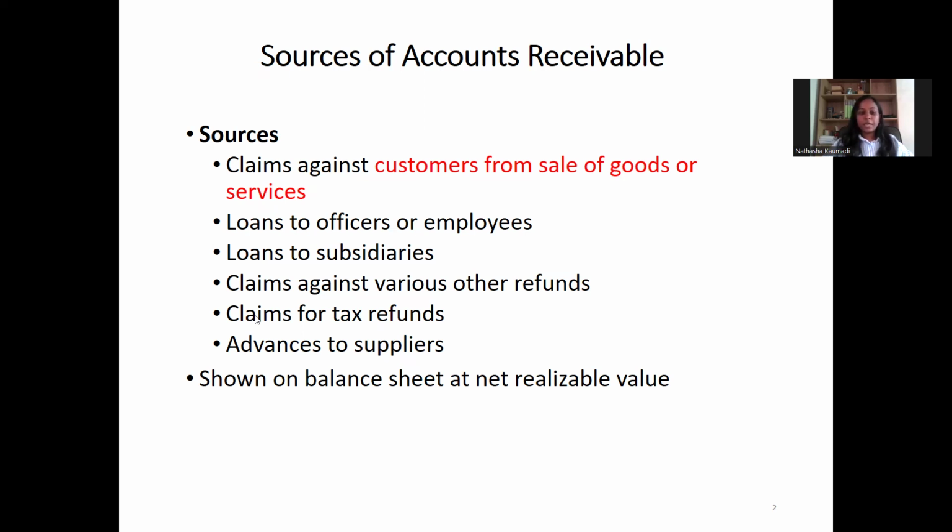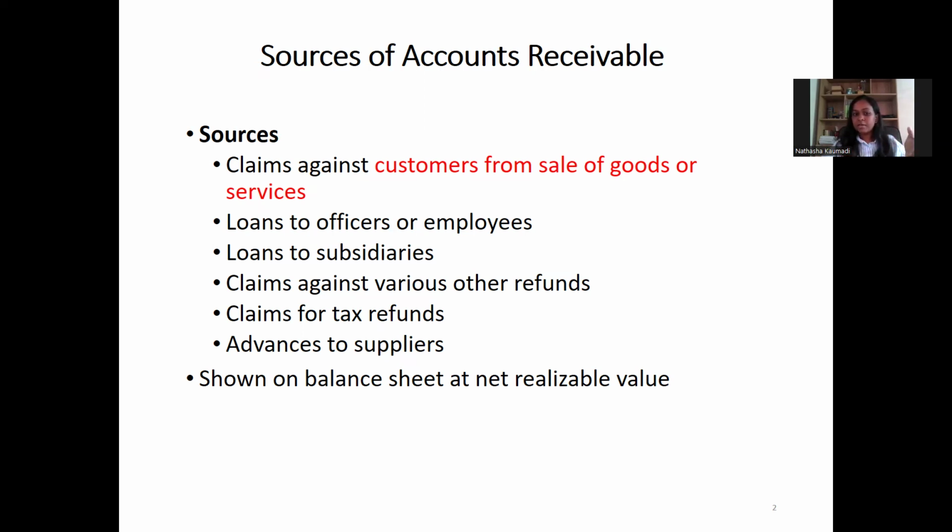Those are the sources, and they are shown on the statement of financial position at net realizable value. Let's say trade receivables: if the trade receivable balance is there, you have to provide for doubtful debts and bad debts. After deducting those provisions, you have the net realizable value.